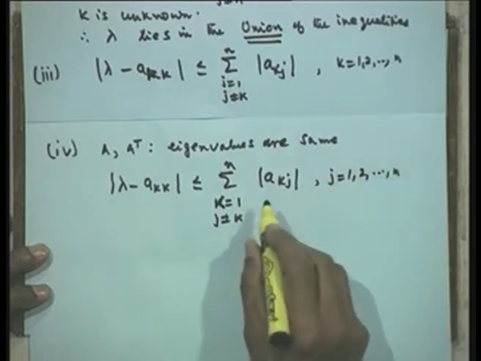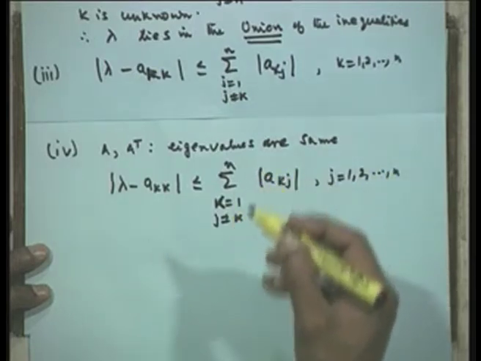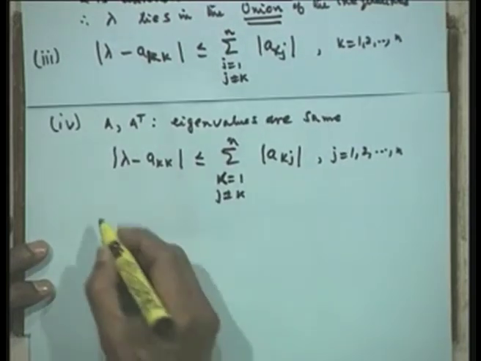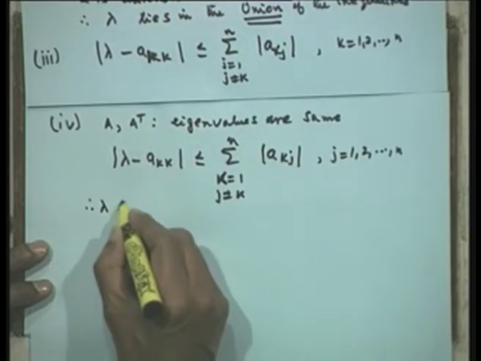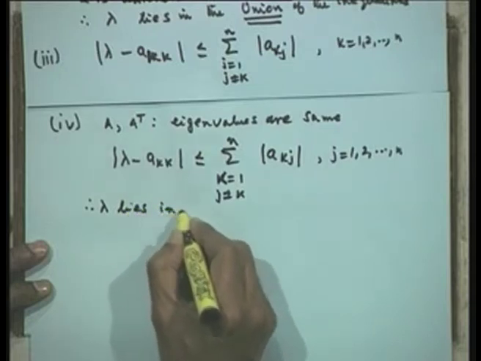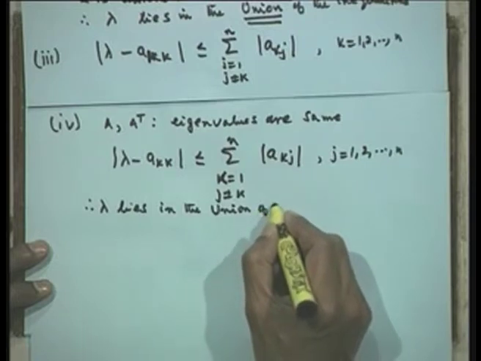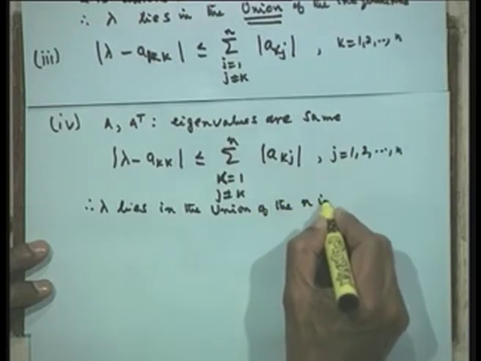That means we are forming the same thing with respect to the columns, and again lambda lies in the union of the n inequalities.